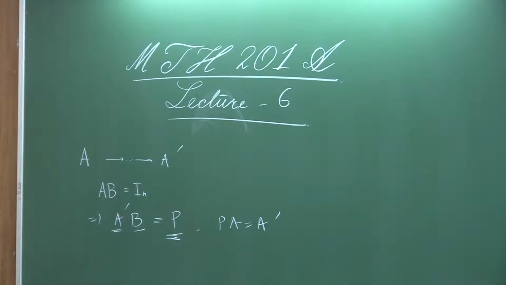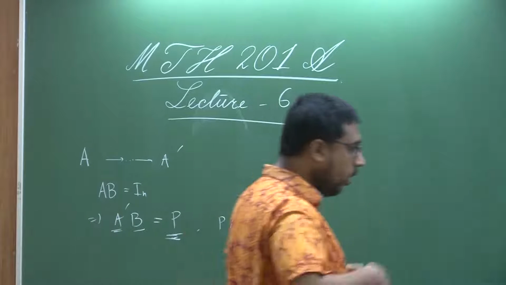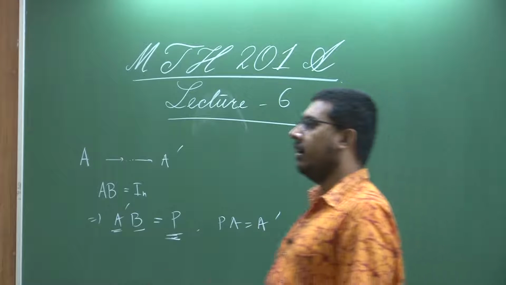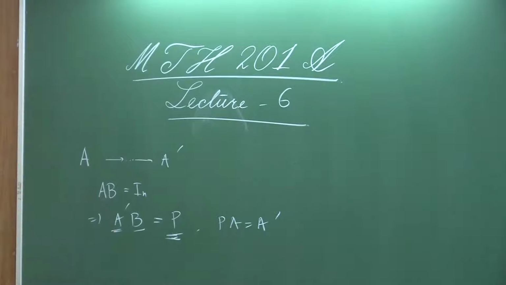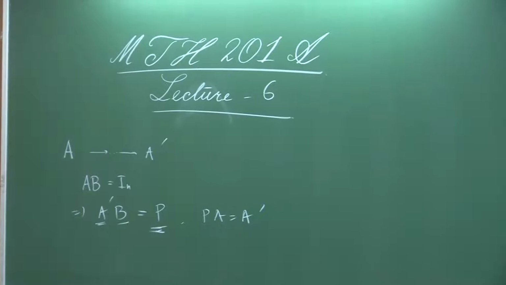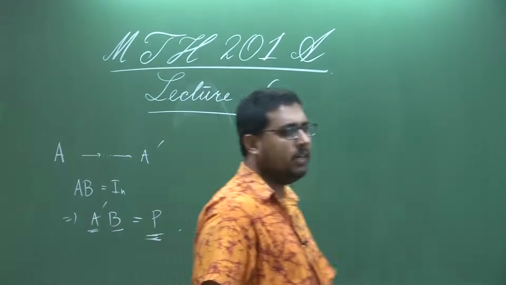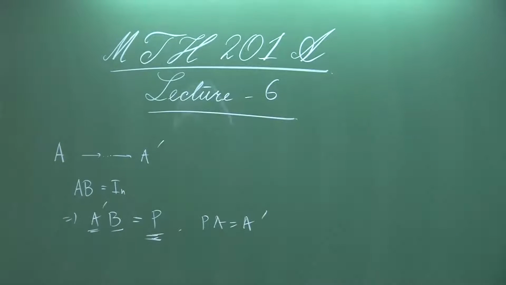Actually, this is not an argument, because why for an invertible matrix this last row cannot be 0, that we need to justify. And to justify that, a natural way is to get into the system of homogeneous equations whose coefficient matrix is that P. So eventually, in one way or other, you are always getting into the system of equations.